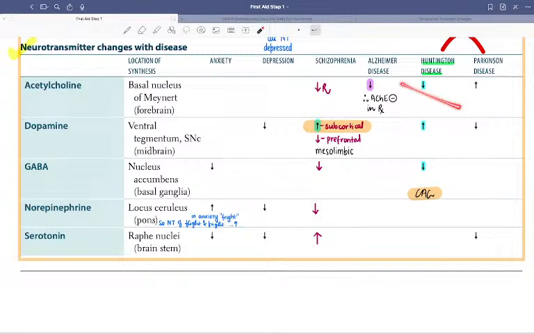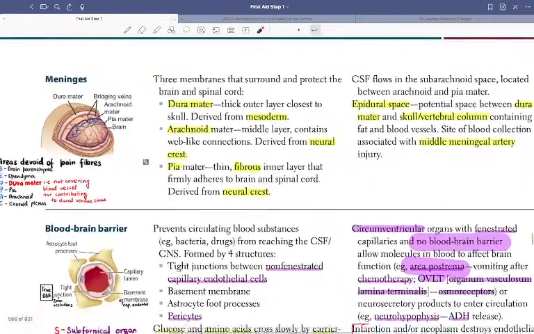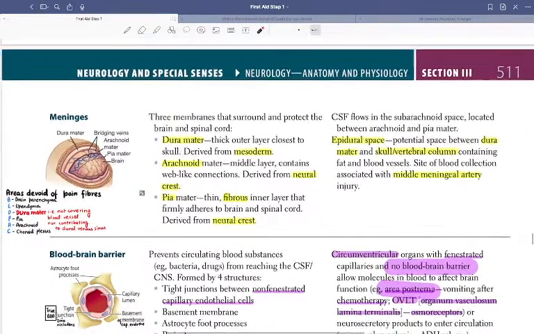Okay, and this is important. One more thing: dopamine is tegmentum. Okay, the main is this: basal nucleus of Meynert secretes acetylcholine. Nucleus accumbens secretes GABA. Locus coeruleus, norepinephrine. Raphe is serotonin. Okay, so this is okay. Next, come to this.